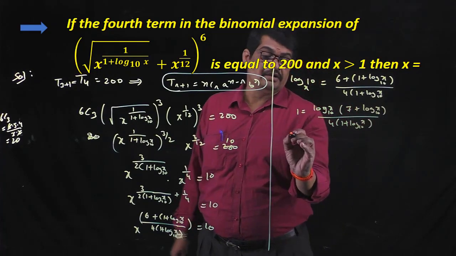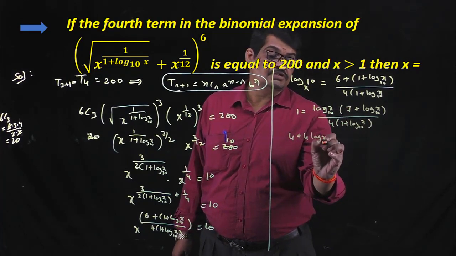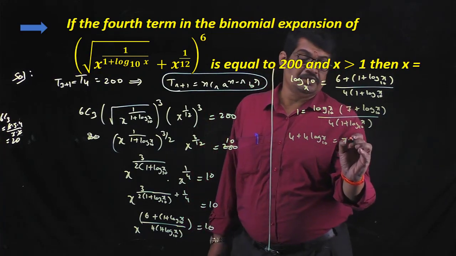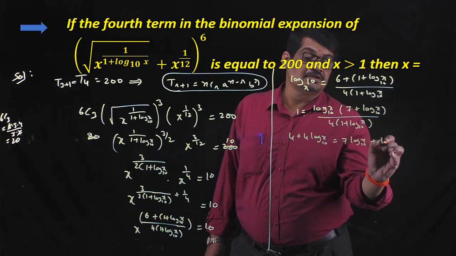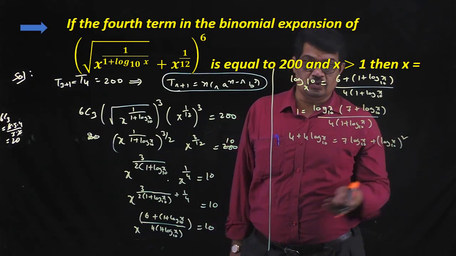Moving to this side, that is 4 plus 4 log x to the base 10 is equal to 7 into log x to the base 10 plus log x to the base 10 into log x to the base 10, that is whole square.